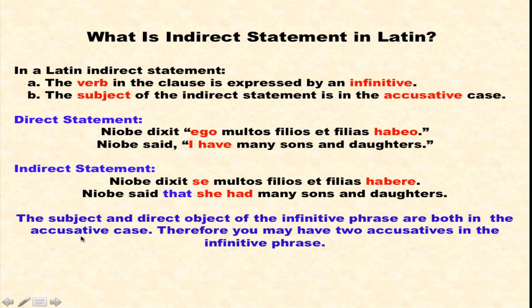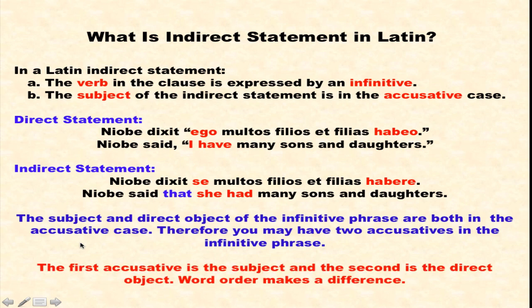So, the first accusative in an indirect statement is going to be the one that's the direct object. Word order does make a difference. So if I wanted to say, in this example, Niobe said that many sons and daughters had died, the sons and daughters would have to be before the verb, whatever that is in Latin.